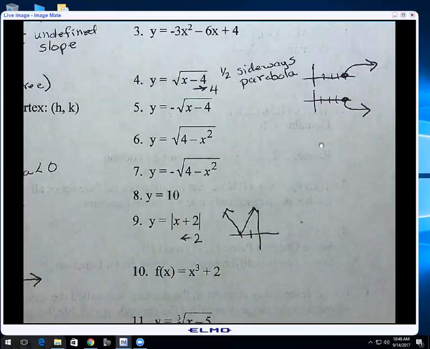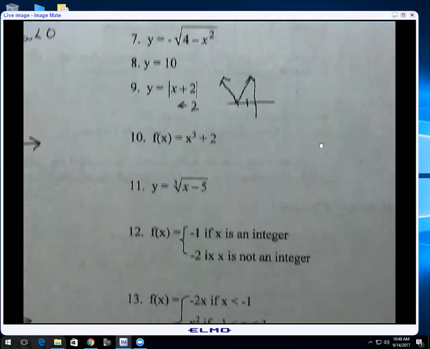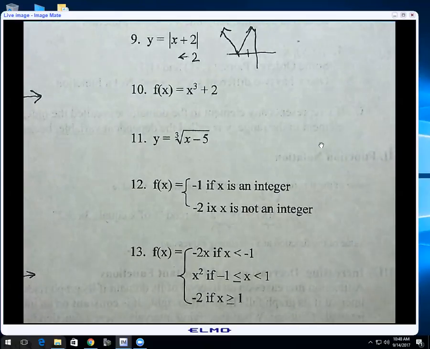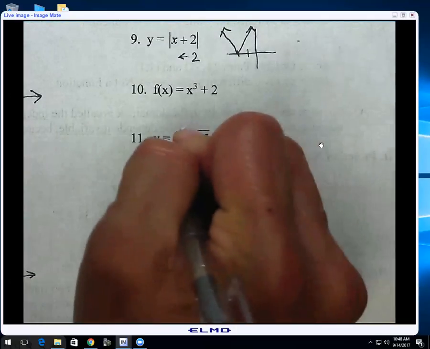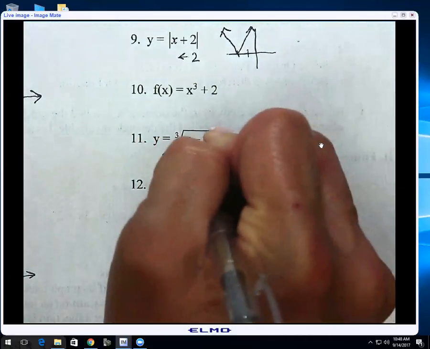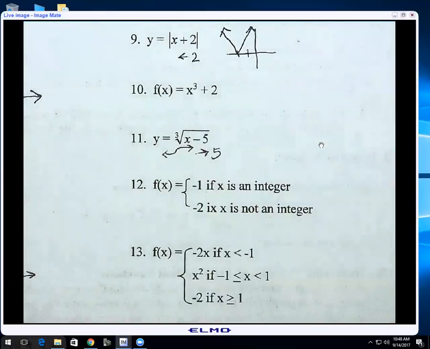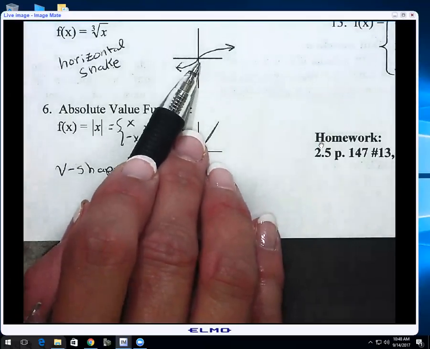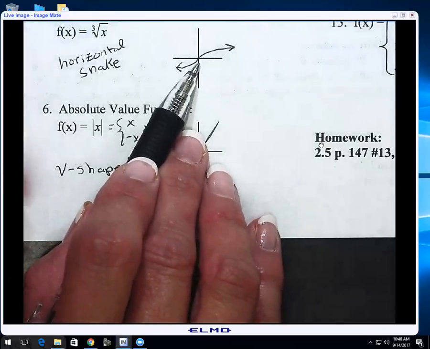What about x cubed minus 5? What's it supposed to look like? That horizontal snake shifted how? Here's the horizontal snake. And it's supposed to be shifted 5 to the right. Now this goes against everything that a biologist will tell you. I'm going to tell you that's the snake's belly button right there at the origin.